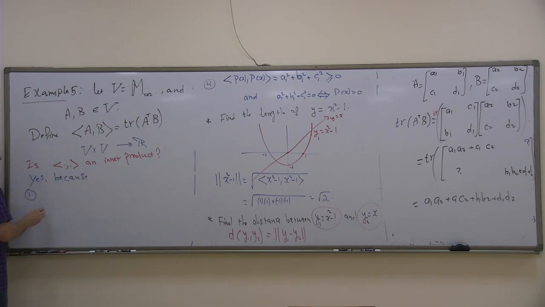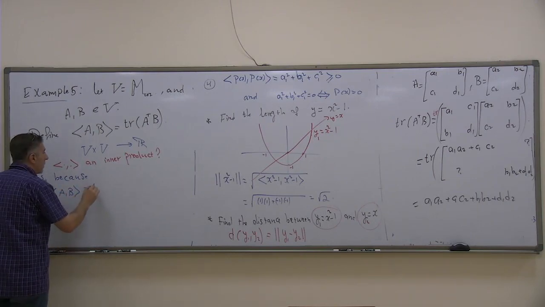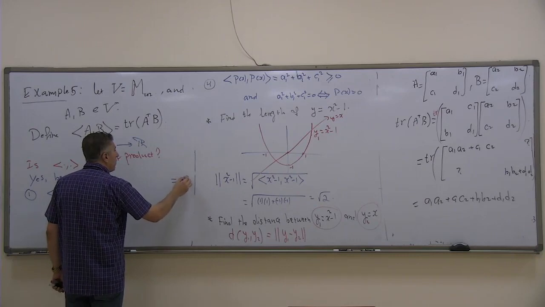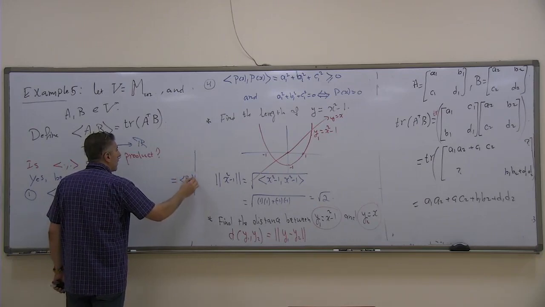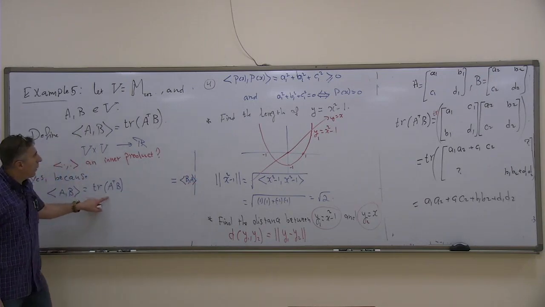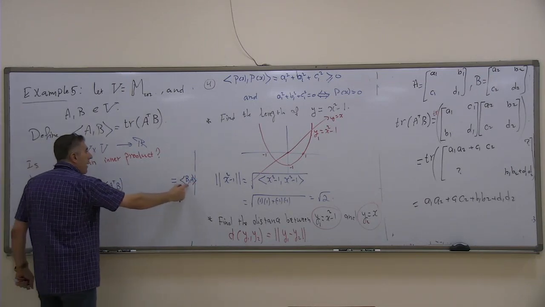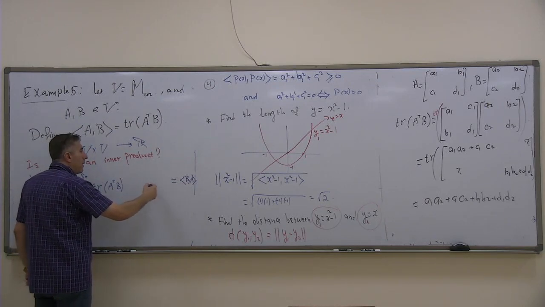So let's do it. Condition 1: inner product AB is going to be trace A transpose B. And here at the end, I want this to be BA. So how can I go from here to here? Well, let's go back from here, one step back. So what is this?